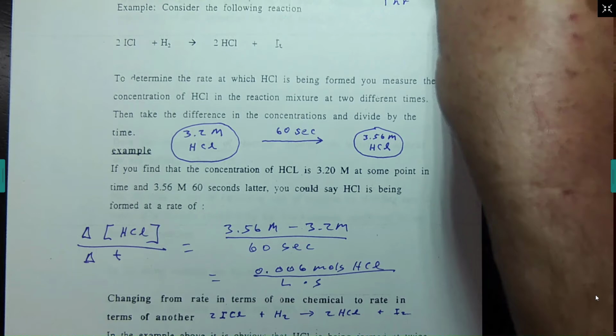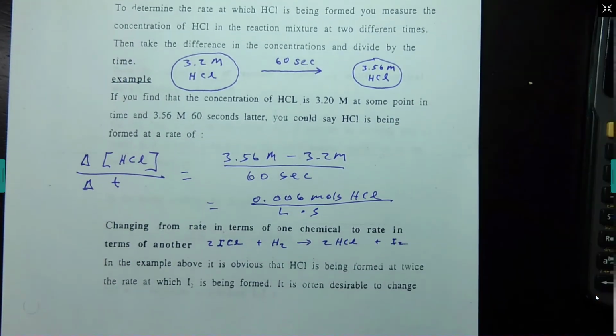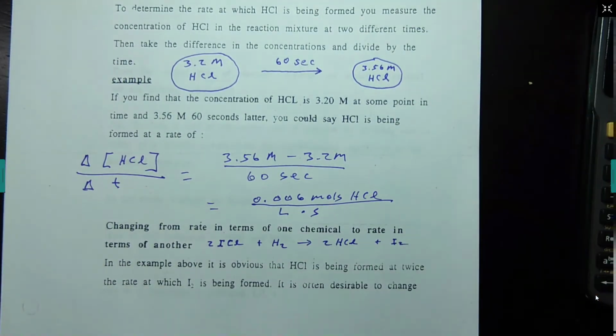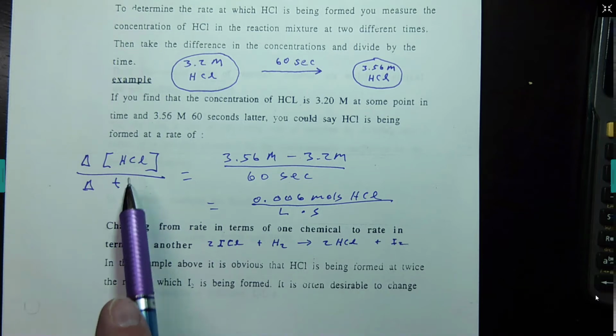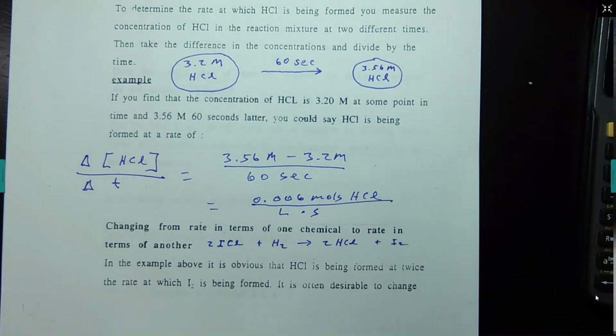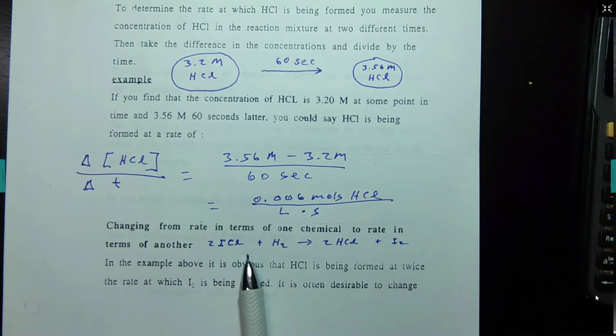Okay, now one skill that you have to get good at here is changing the rate in terms of one chemical into the rate in terms of a different chemical. It's pretty easy. This is simple stoichiometry. Here's that reaction all over again. Two of these react with one of these, and it forms two HCl's and one iodine, I2.